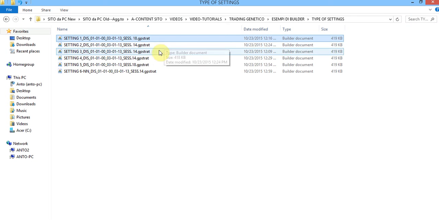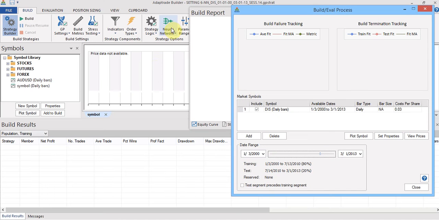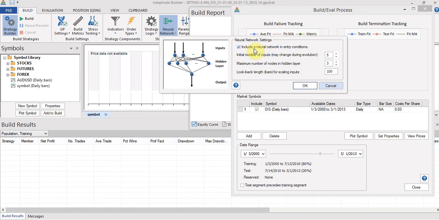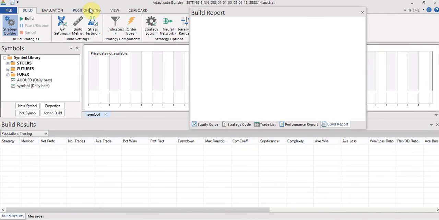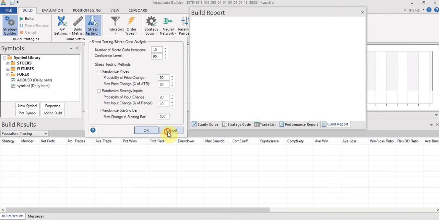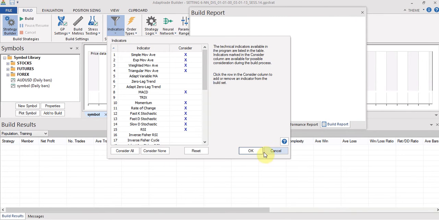And you might decide to create another builder when you want to test the neural network option, which is another important feature. In this case, for example, you might decide to increase the complexity to be a little bit higher and to use maybe some extra indicators.